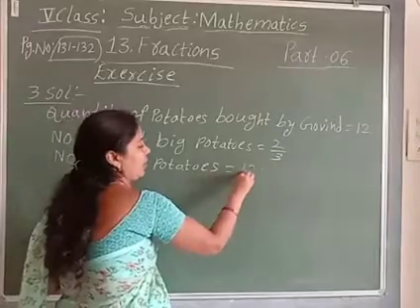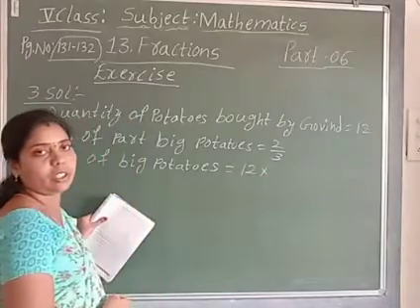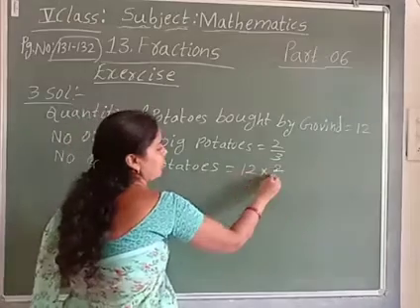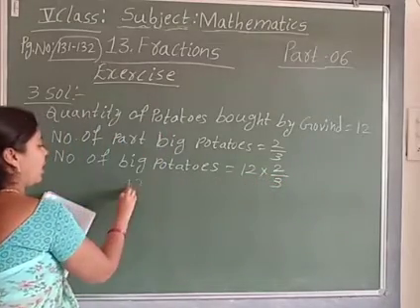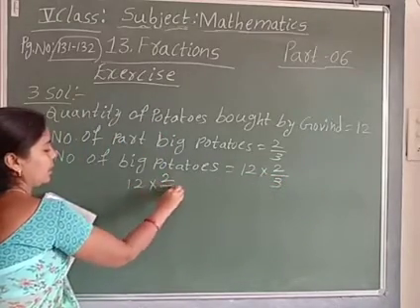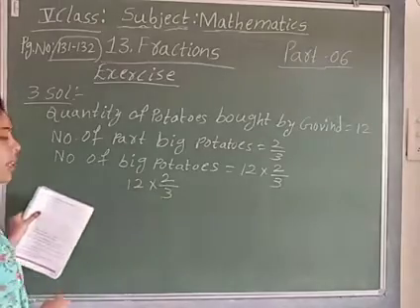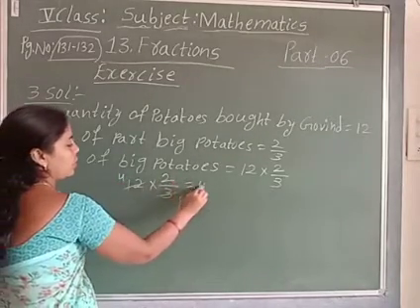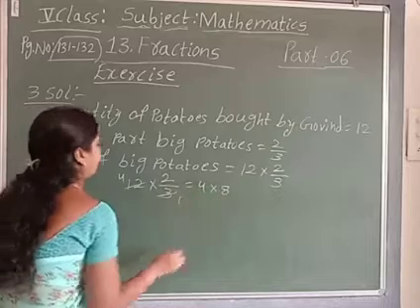12 into, you already know children, in 4th class too you already learned, we use this kind of problem, 2 by 3. 12 into 2 by 3. So we will cut it now. 3 1s are 3, 3 4s are 12, 4 2s are 8.